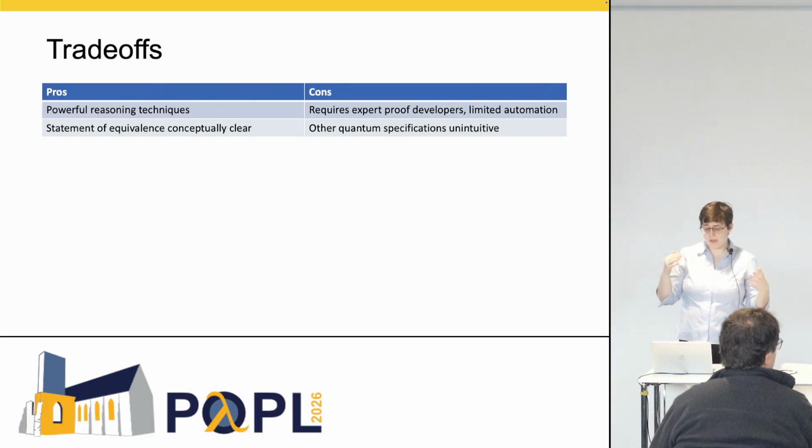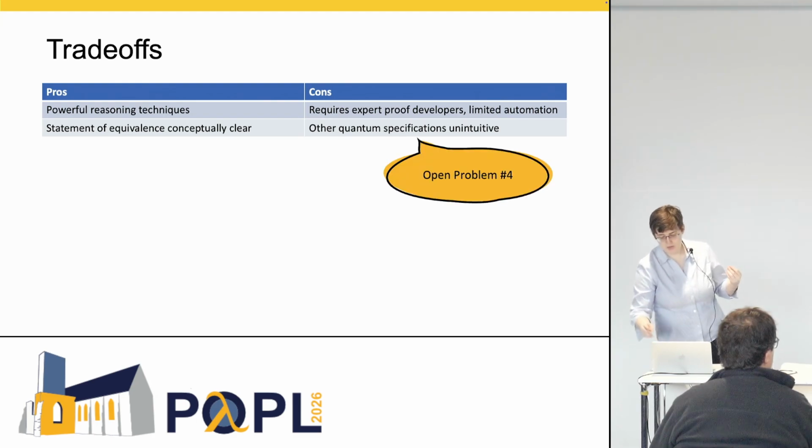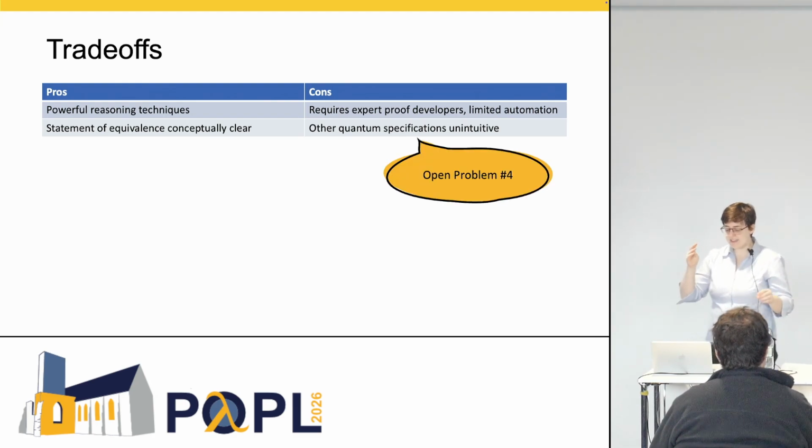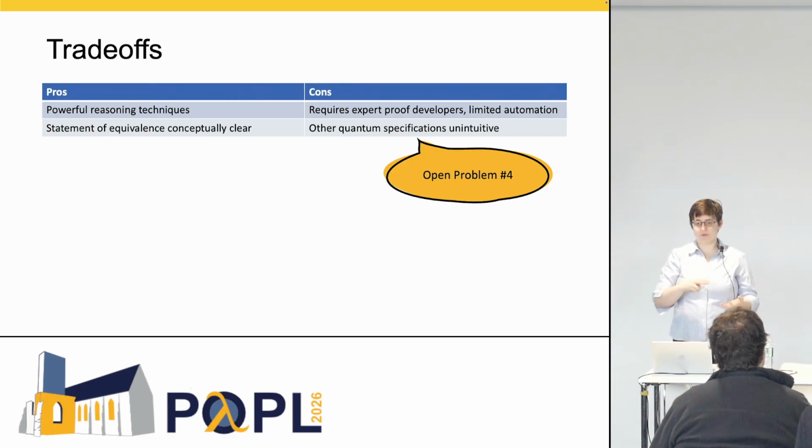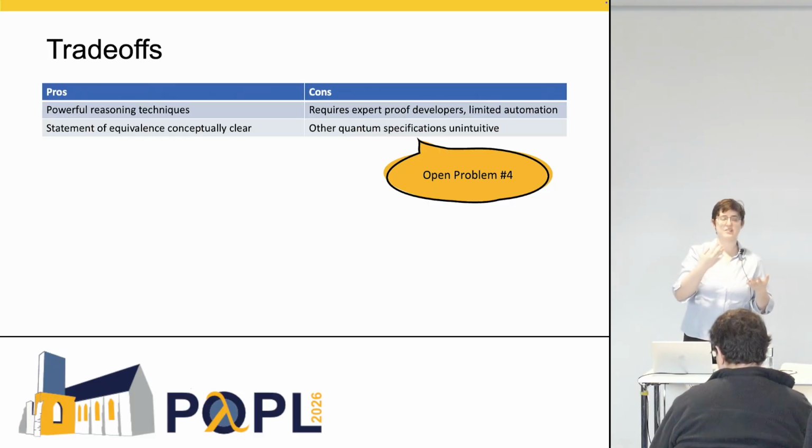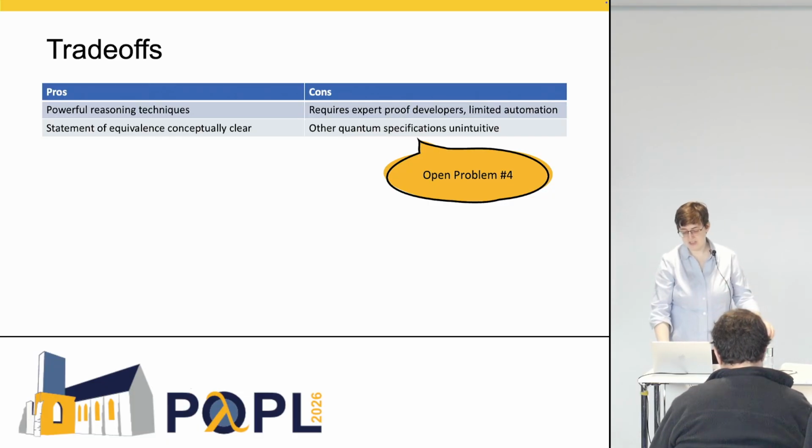So I think open problem number 4 is, how do we actually express specifications in a way that is formal, readable, intuitive, and well suited for formal verification?